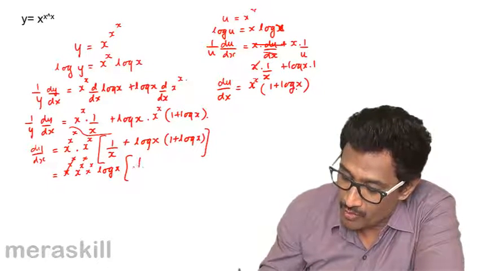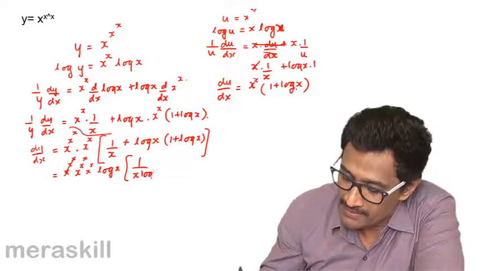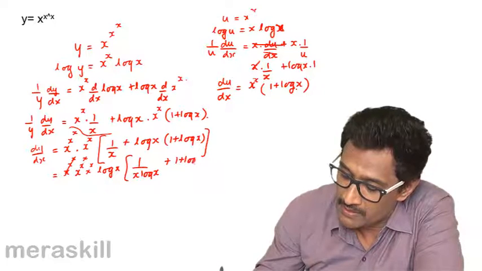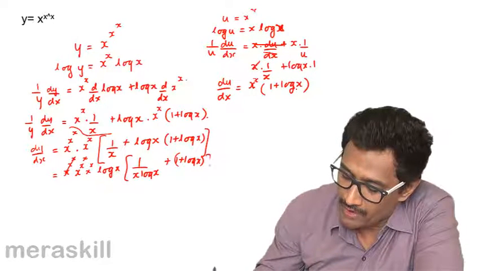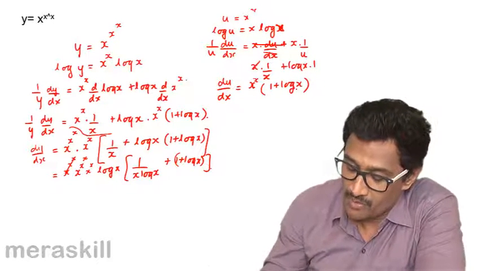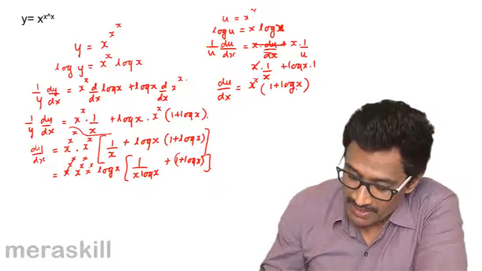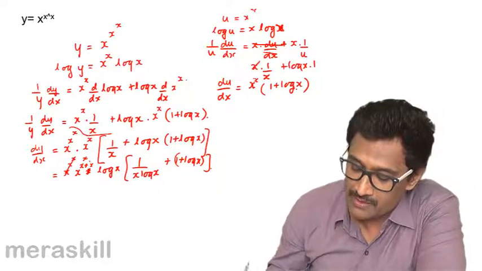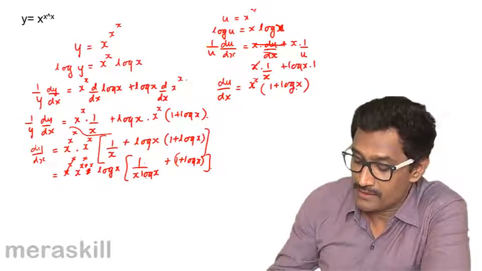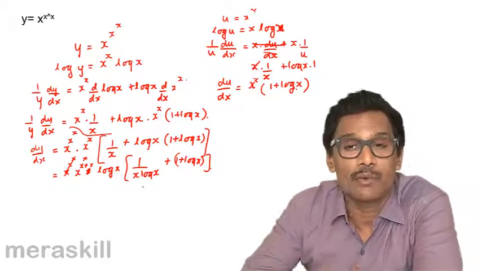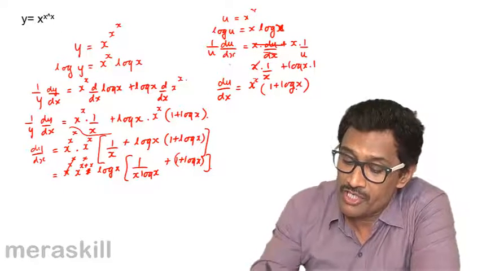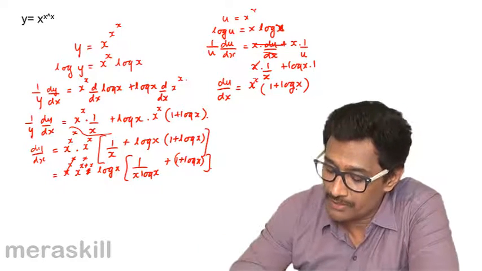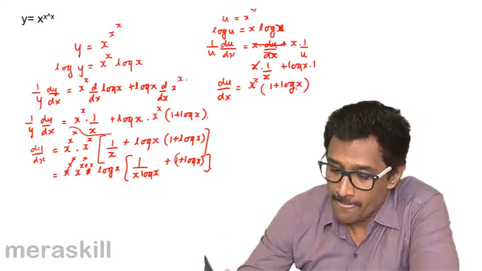So you get 1 upon x log x plus 1 plus log x. So hence you can even write this as x raised to x raised to x plus x into log x into 1 upon x log x plus 1 plus log x. So eventually you are using the chain rule and also using the concept of logarithms.